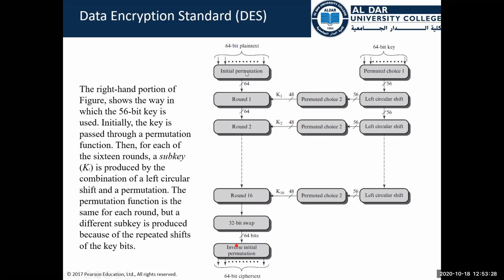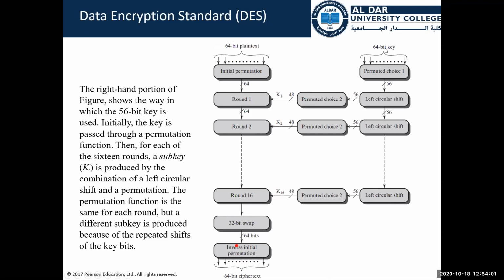Here we apply the initial permutation, and here the inverse initial permutation. Why do we apply the inverse initial permutation? To be able to apply the same algorithm in decryption. We remove the effect of the initial permutation in the last round, just to make sure that we are using the same algorithm in encryption and decryption.